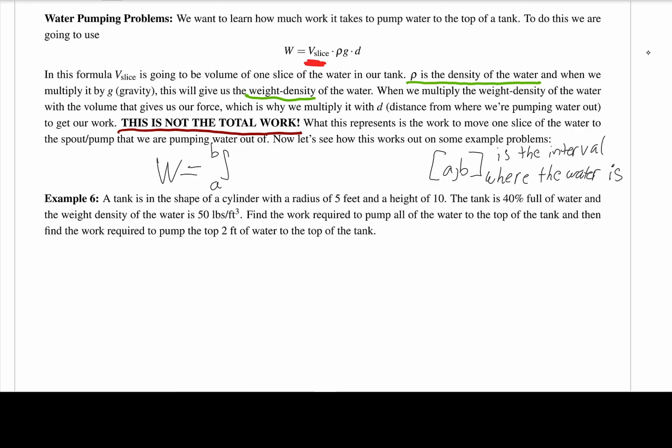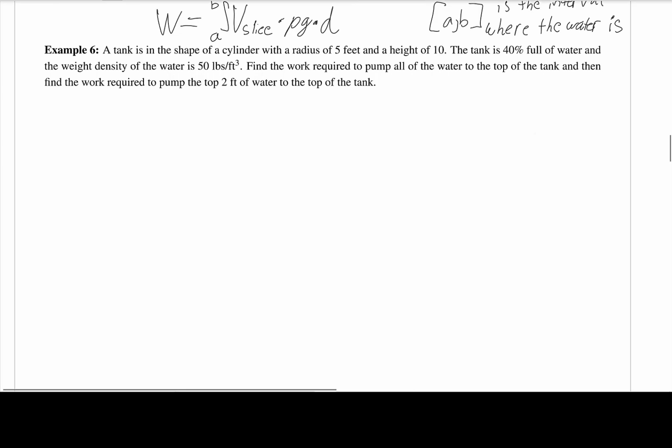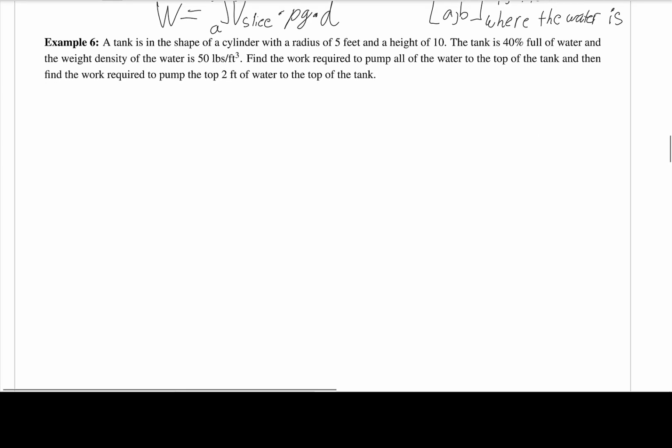I don't want to accuse the water of lying. Okay? So this is going to be the integral from A to B of this thing we call V slice, which is the area of that slice, times weight density times D. Alright, so let's look at how we apply something like this.